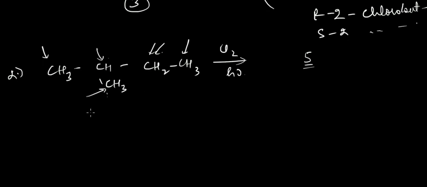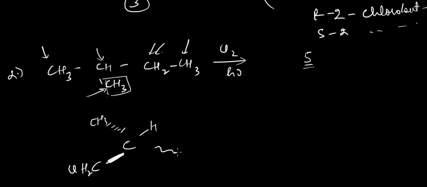So I'll tell you why. Let's suppose it acts on this carbon atom and it is going above the plane, so we'll have CH2Cl, and this would be going below the plane, CH3 here, H and this chain here.